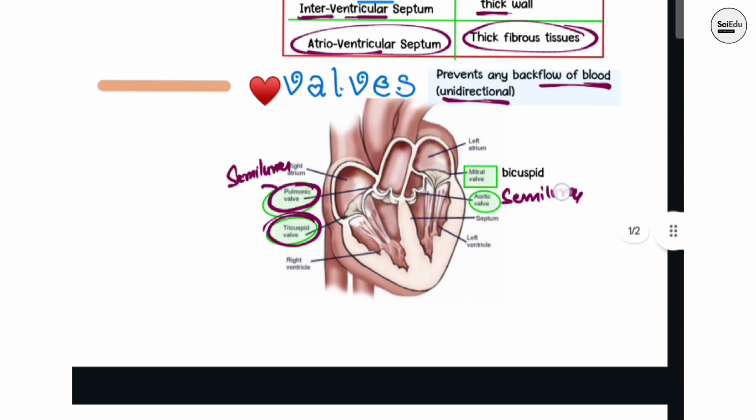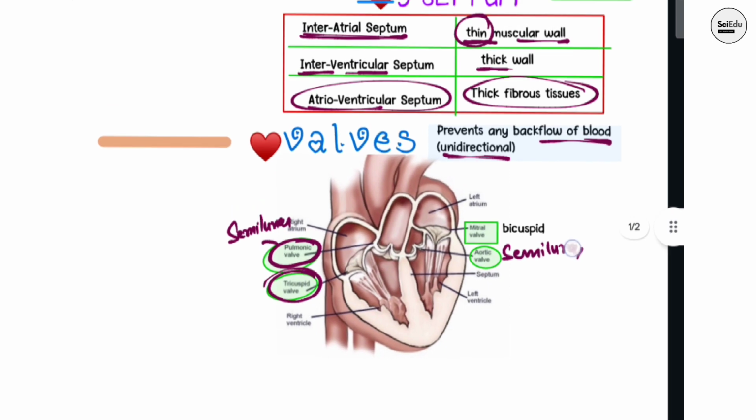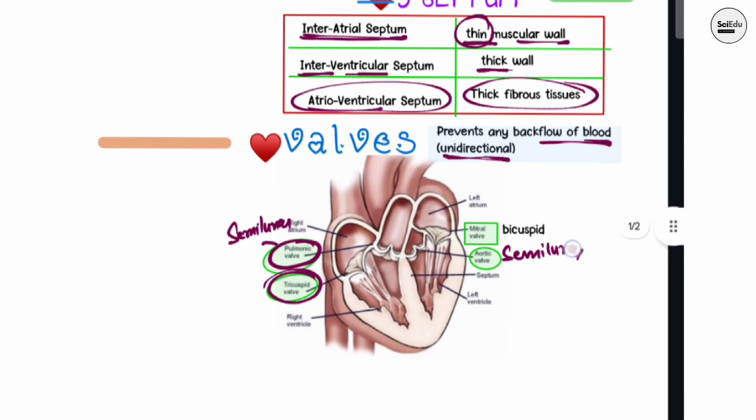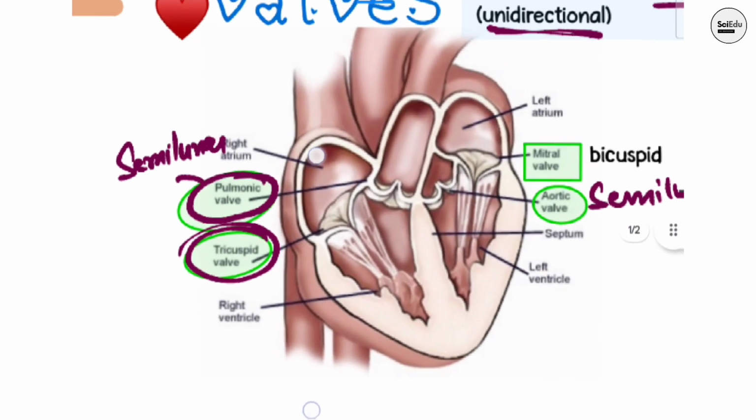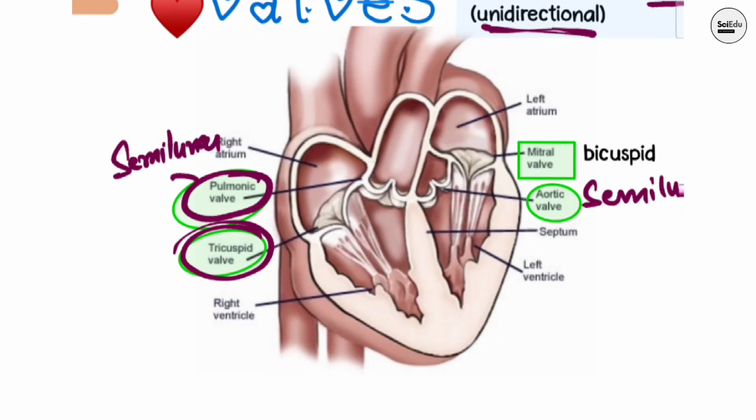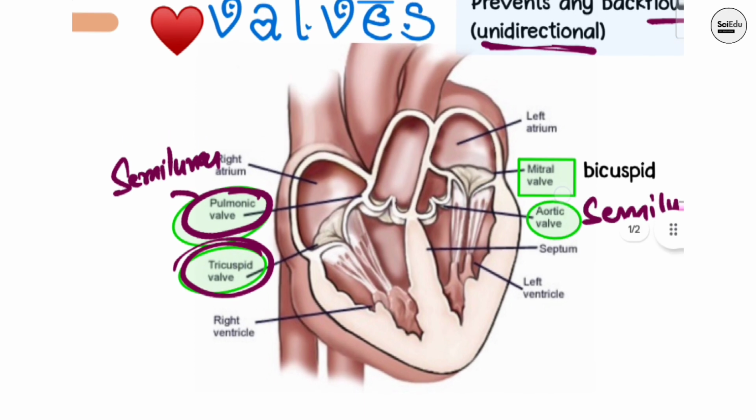The opening between the right atrium and the right ventricle is guarded by a valve formed of 3 muscular flaps or cusps, the tricuspid valve. Whereas a bicuspid or mitral valve guards the opening between the left atrium and the left ventricle.